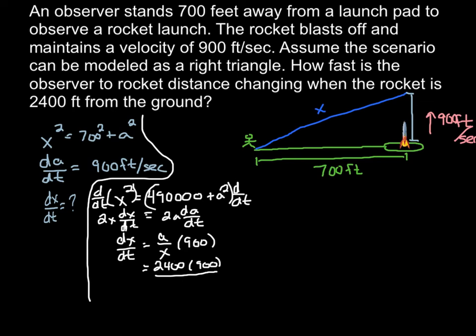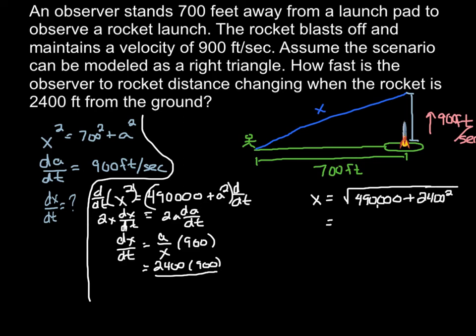Okay, so this x is going to equal the square root of 700 squared, which is 490,000, plus the altitude. Well, we know at this moment our altitude is 2,400.